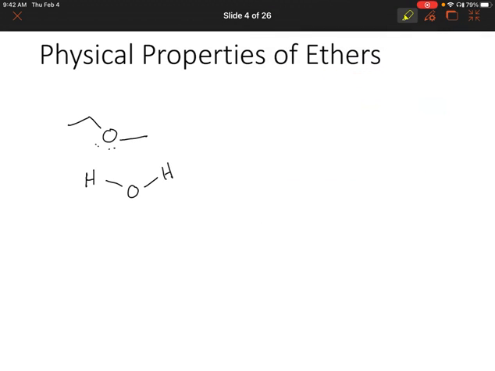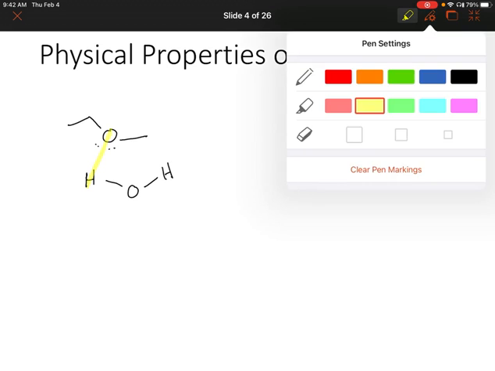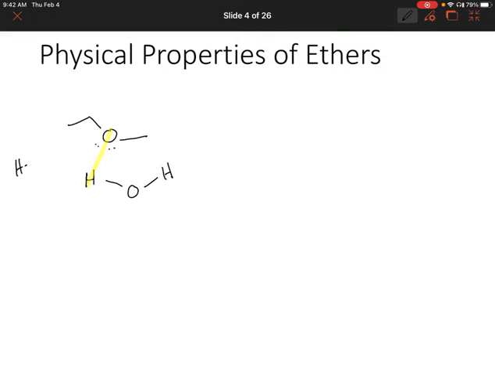The oxygen from the ether will be attracted to the hydrogen from water, and they will form a hydrogen bond. So it is possible to have hydrogen bonding between an ether and a molecule that does have a hydrogen bonded to fluorine, oxygen, or nitrogen.